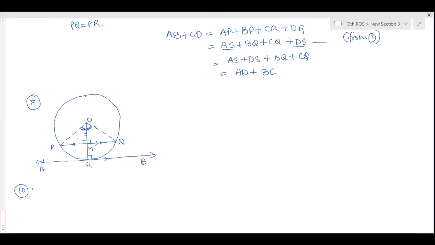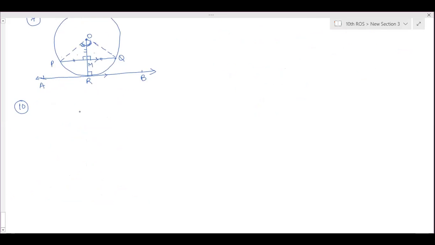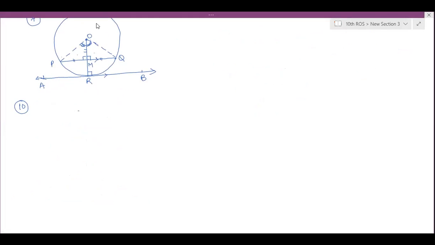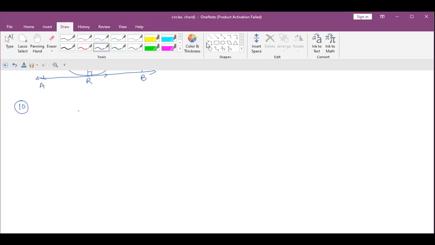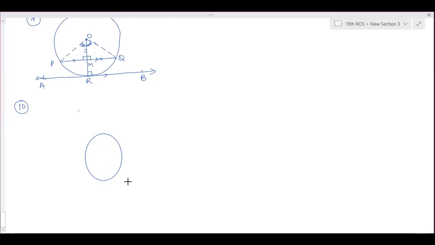Prove that the intercept of the tangent between two parallel tangents to a circle subtends a right angle at the center. Parallel tangents.